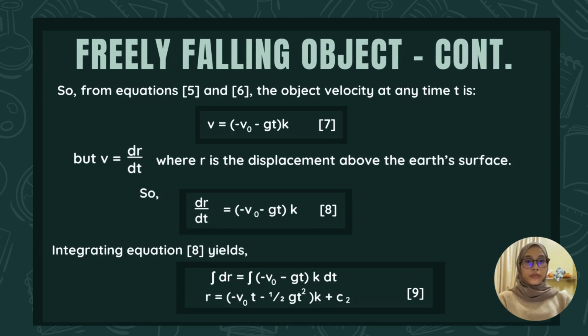So from equations 5 and 6, the object's velocity at any time t is as shown here.